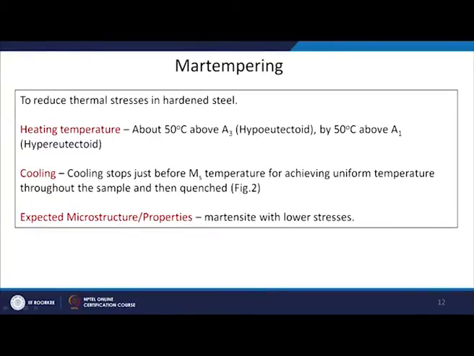Sometimes with very fast cooling, martensite itself is hard and brittle, and on top of that you also have thermal stresses which can introduce cracks in the material even before any stresses are applied. We do not want that. So we can reduce the thermal stresses by doing a Marr tempering operation.